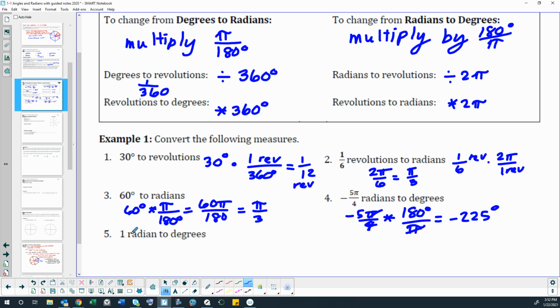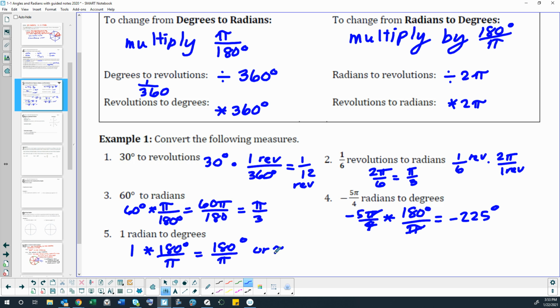Okay, 1 radian. Look, it's not even something pi, it's just 1 radian. So to change that to degrees, we're going to take our 1 radian and multiply by 180 over pi. Yes, we now have pi in an answer that's degrees. So that would be exactly 180 divided by pi degrees.